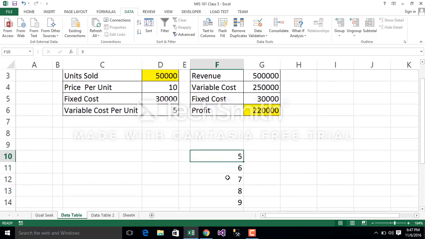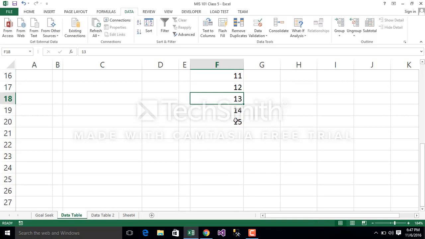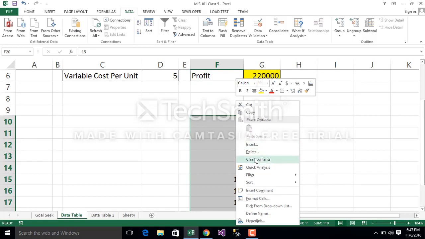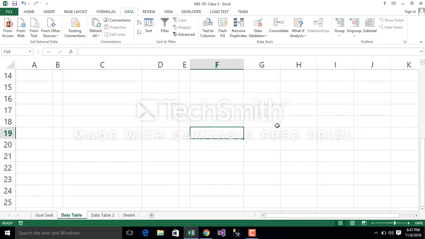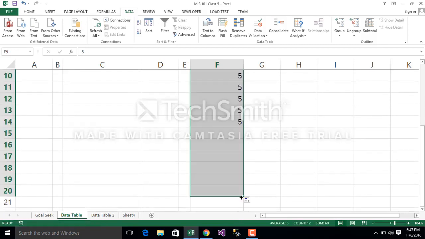This way we can input our different types of price. So we are going to use one way data table, then use series.